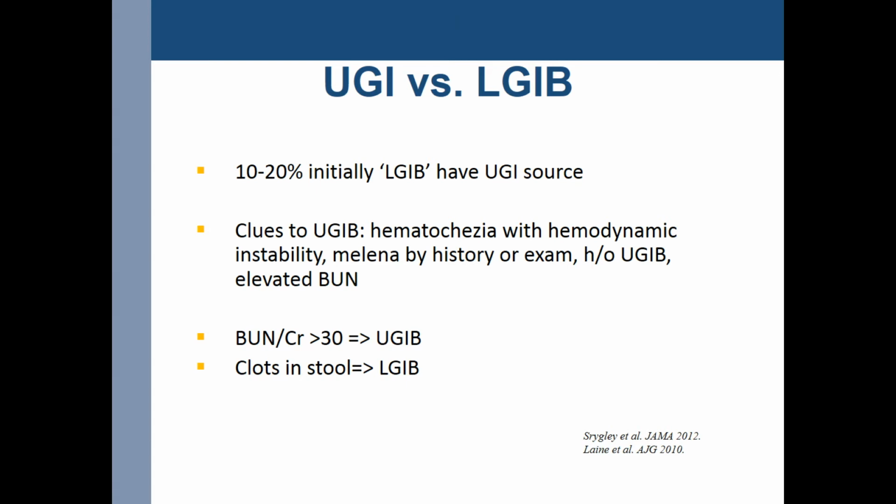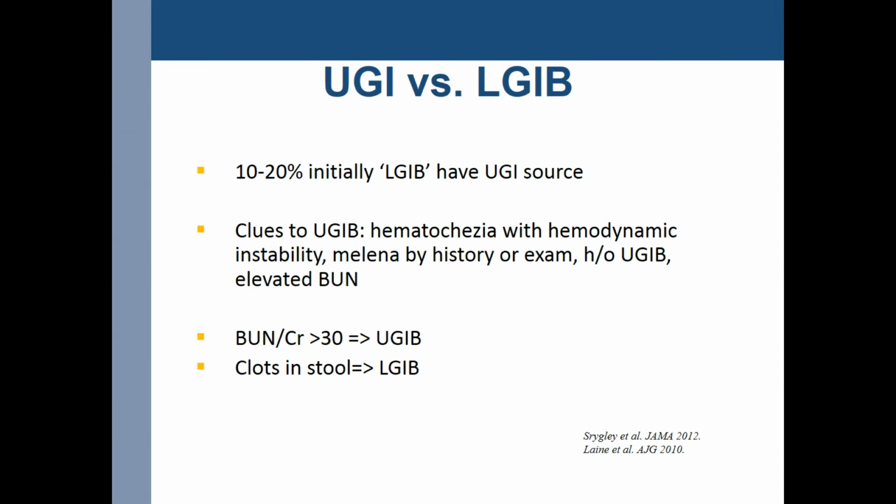Now, moving on to trying to differentiate if the patient might be having an upper GI versus a lower GI bleed, it's important to remember that about 10 to 20% of patients who initially present as what is thought to be lower GI bleeding ultimately are proven to have an upper GI source.